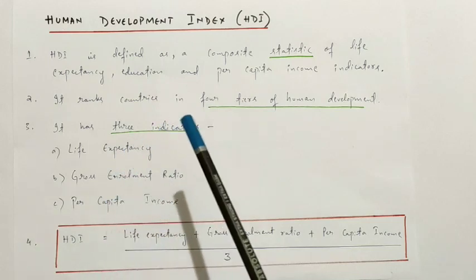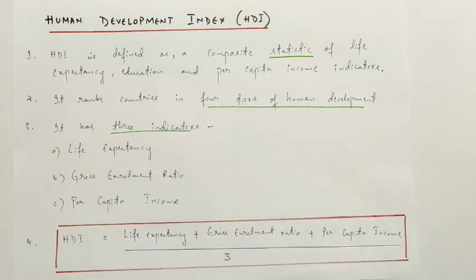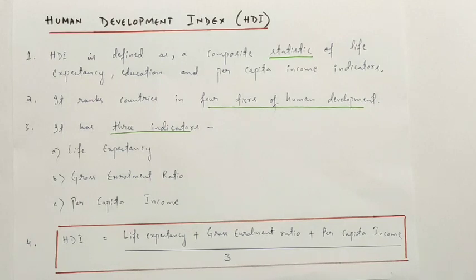It ranks countries in 4 tiers of human development, that is, very high, high, medium, and low. HDI considers 3 indicators while calculating, and they are life expectancy, gross enrollment ratio, and per capita income, and it can be calculated by adding all 3 indicators divided by 3.